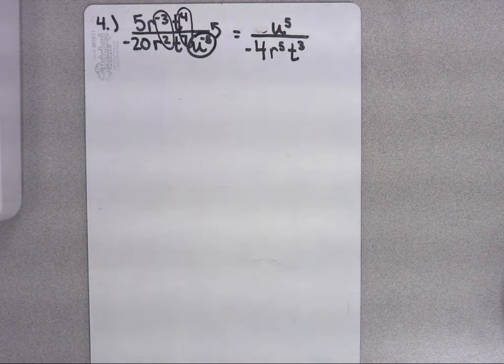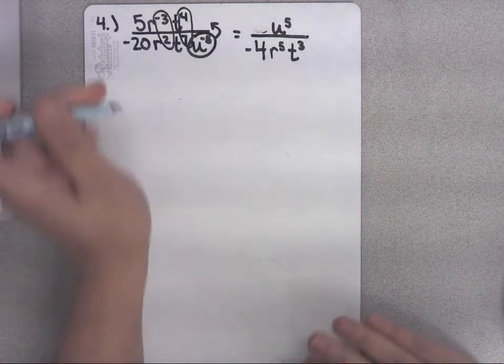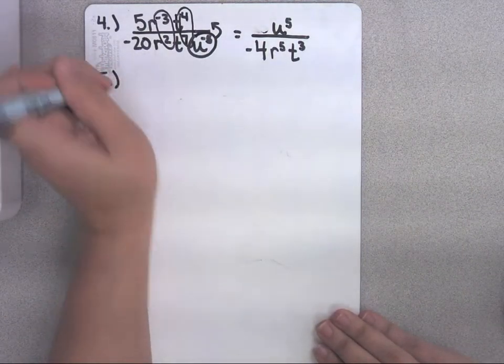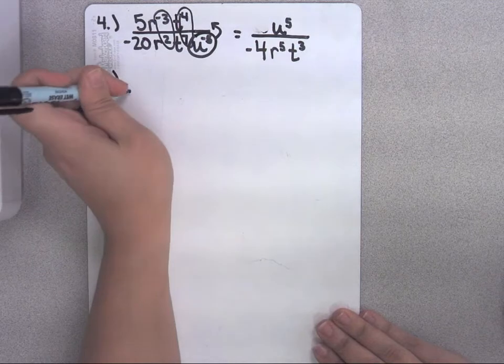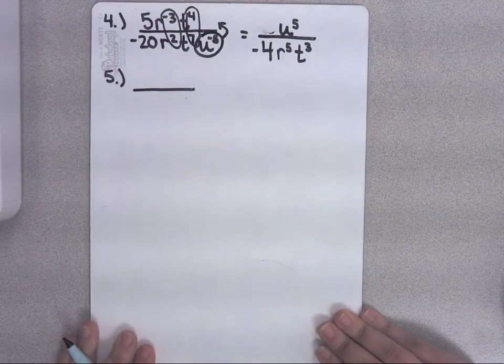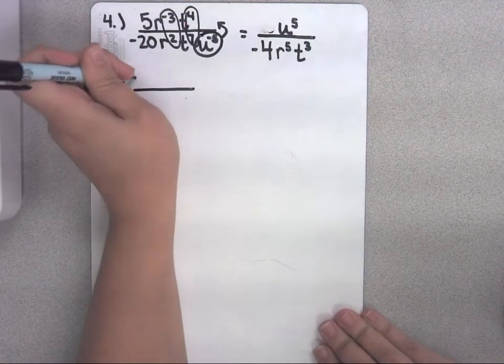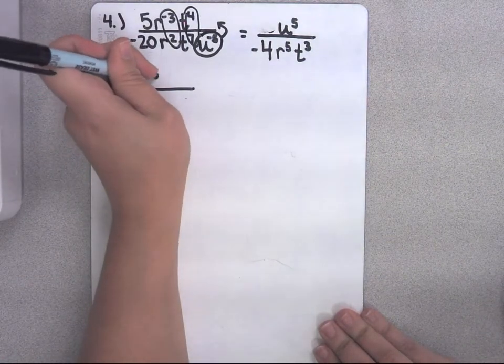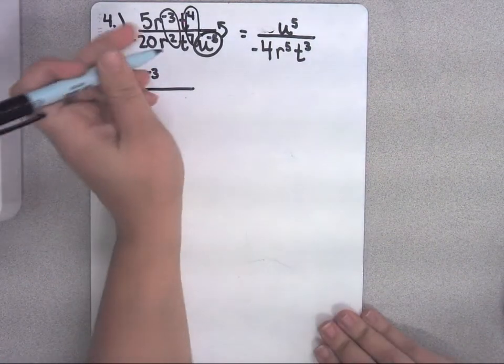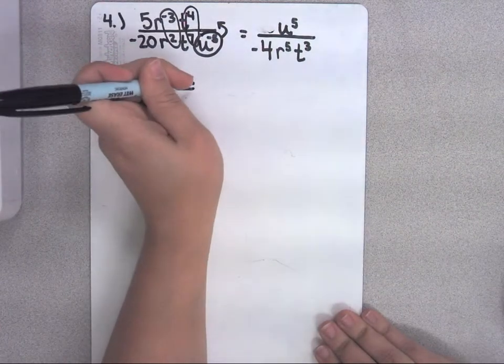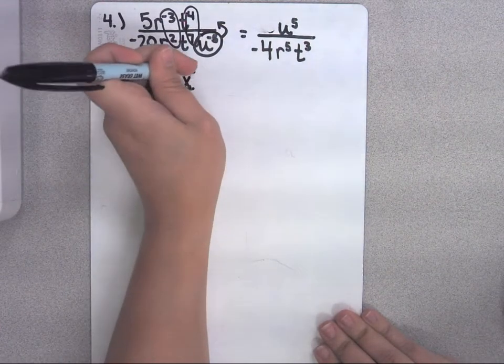Okay, try another. Fraction again. How about V to the negative 3rd, W, X squared.